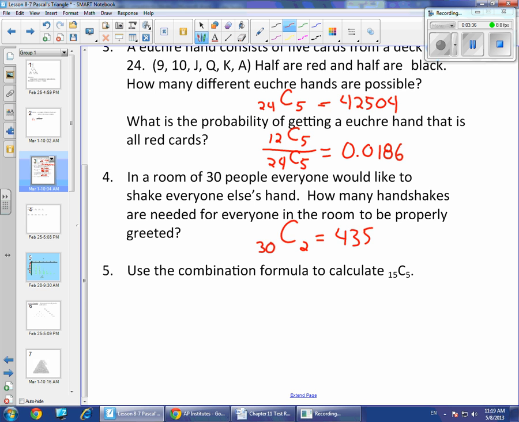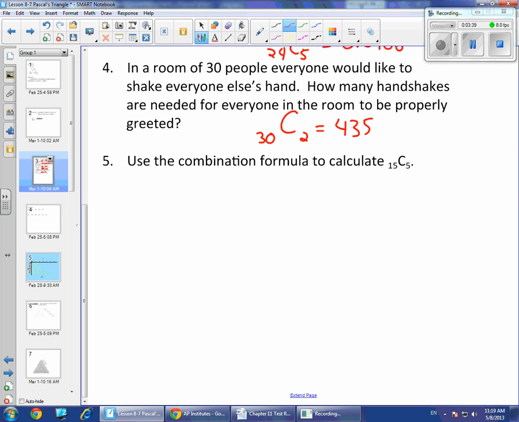Okay. Now, lastly, just make sure you can use that combination formula because the combination formula is going to come up again today. So if I want to calculate that combination using the formula, 15 factorial over (15 minus 5) factorial times 5 factorial. Okay. Now, just make sure you're comfortable with these factorials.